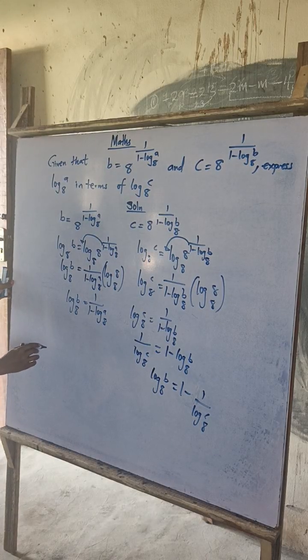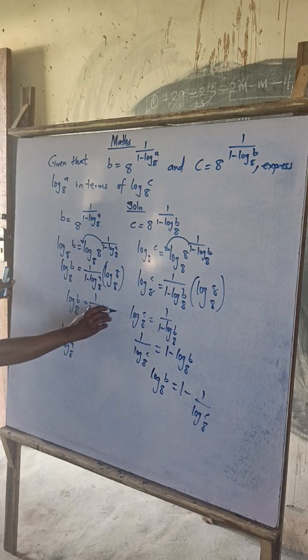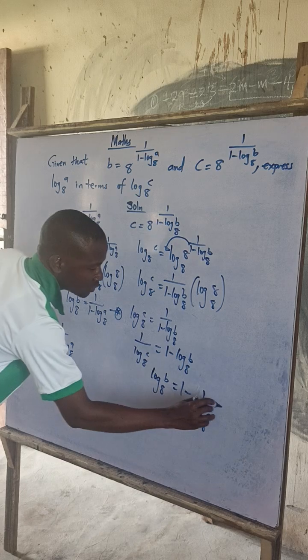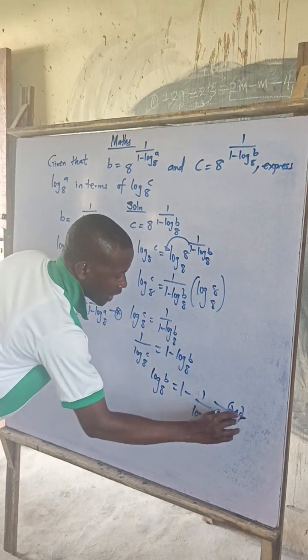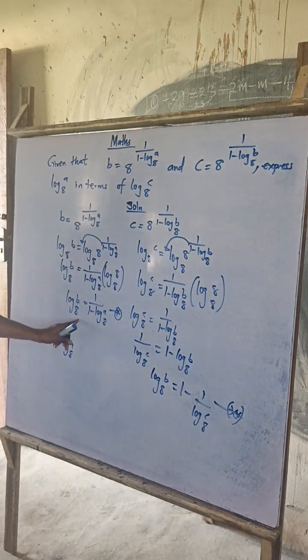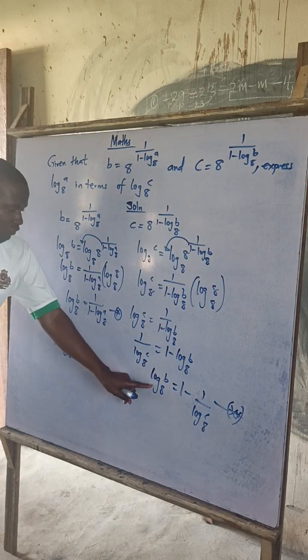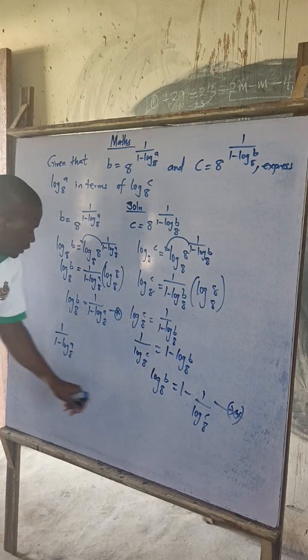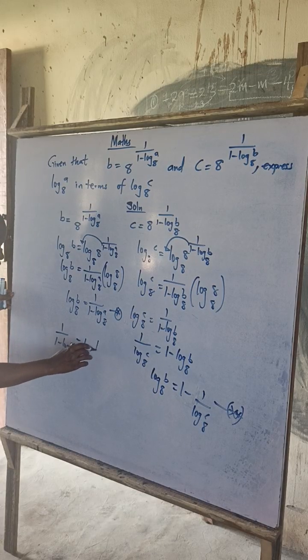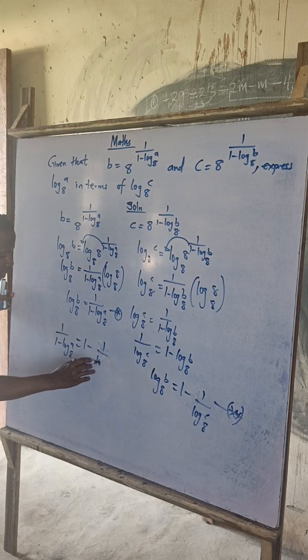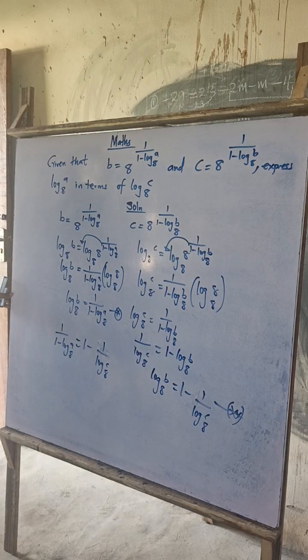So log b to base 8 equals this and also equals the other expression. Therefore we have 1 over 1 minus log a to base 8 on the left hand side, and the expression here equals the one there. So this must equal 1 minus 1 over log c to base 8.